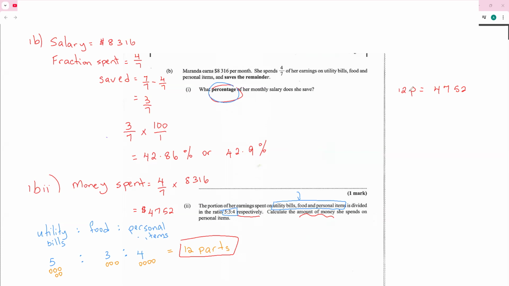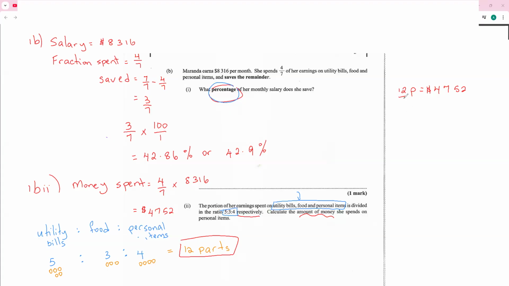Now, you could use the carry across. So I could carry across this and once you cross, you do the opposite operation. Or you could look at it in the left-hand side, right-hand side. When it comes to ratios, I like the left-hand side, right-hand side rule, just to make it easy to understand. So I know that 12 parts is equal to 4,752.